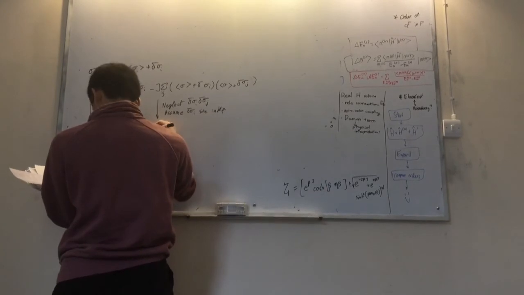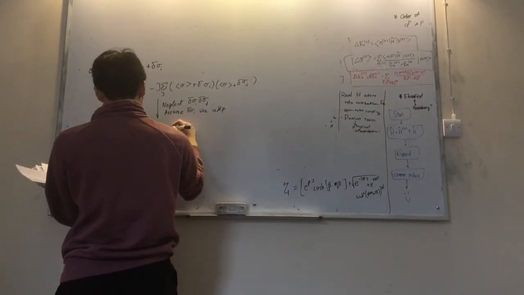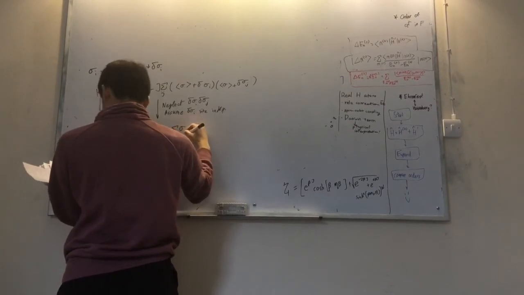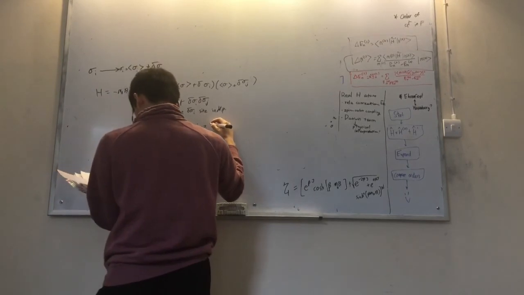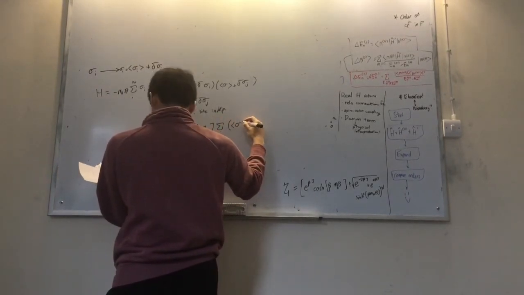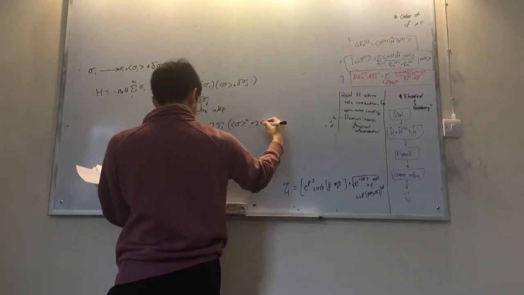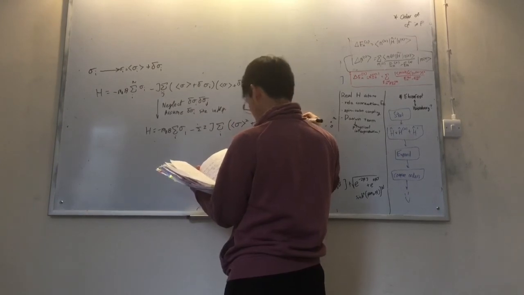Then H becomes negative mu naught B sum over i of sigma i, minus half of Z J sum over i of mean of sigma squared, equal to mean of sigma, sigma i minus mean of sigma.